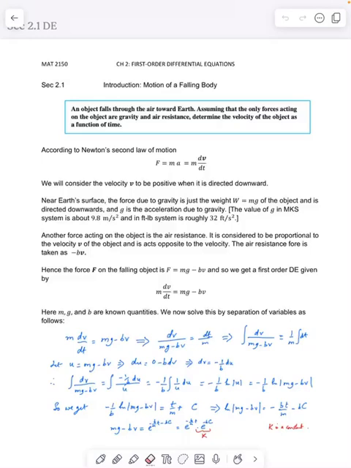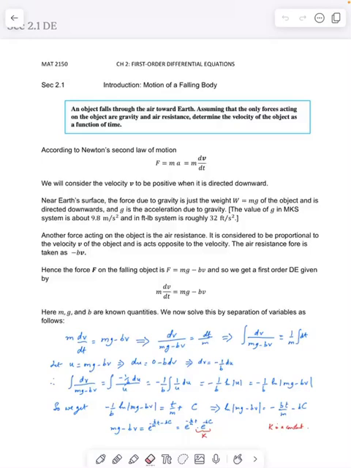And g is, if we are in the MKS system, the meter kilogram second system, 9.8 meters per second squared. And if we are in the foot-pound system, which is used in the USA only now, while MKS is used in the whole world, the value is 32 feet per second squared.